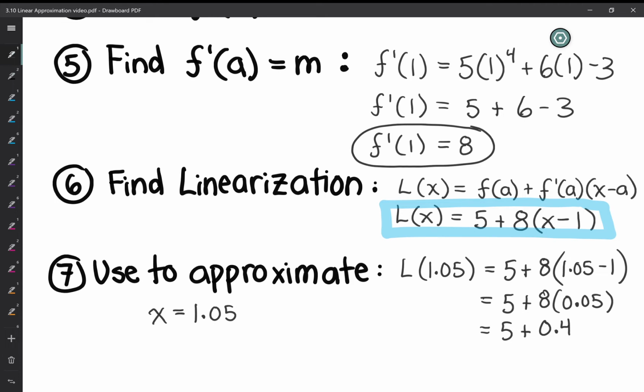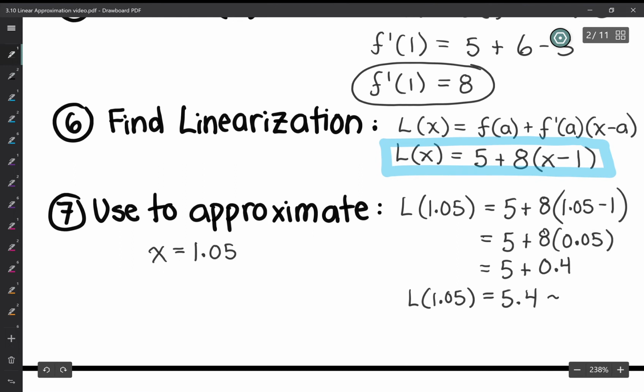So we have that L of 1.05 is equal to 5.4, which approximates f of 1.05.